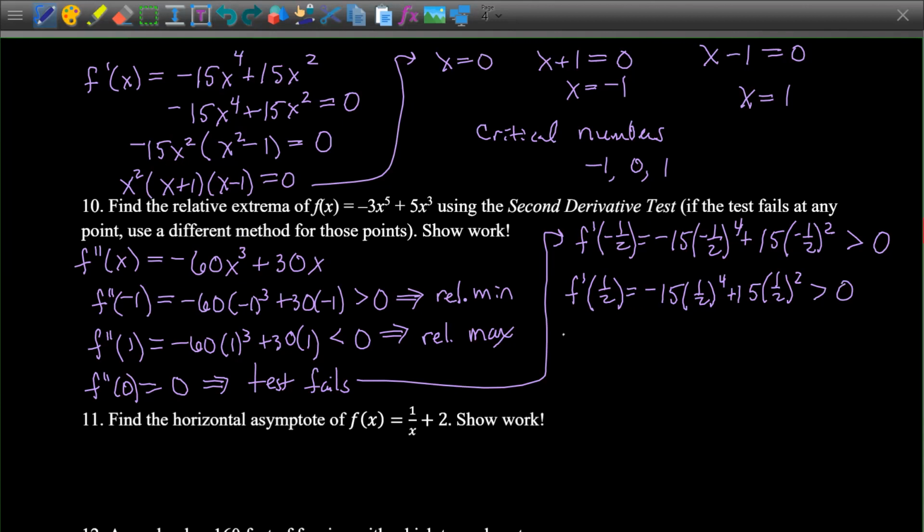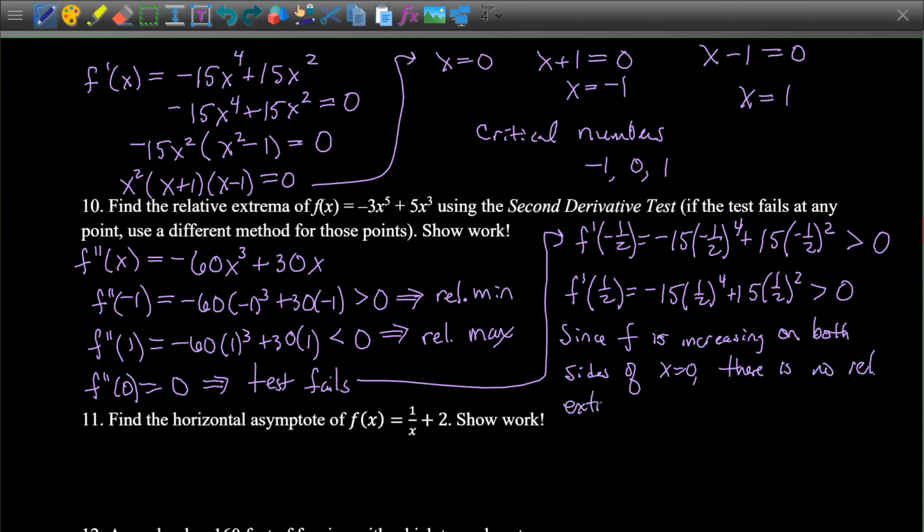So since f is increasing on both sides of 0, there is no relative extremum at x equals 0. So we just have a relative min at x equals -1 and a relative max at x equals 1.